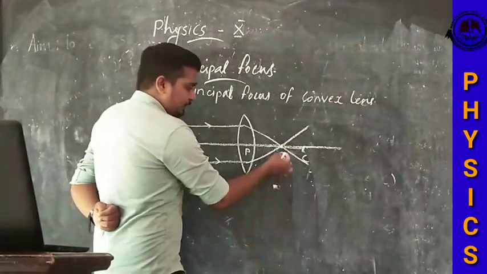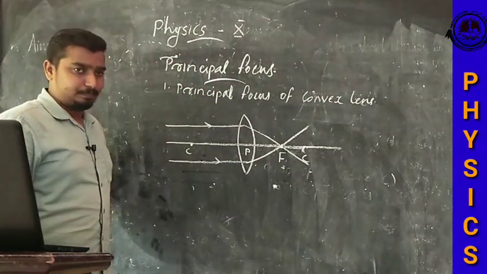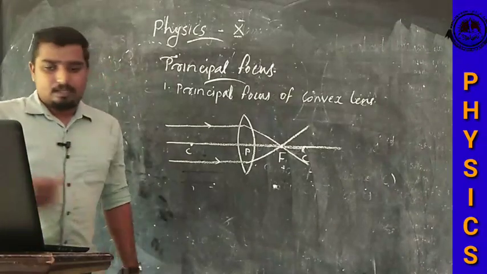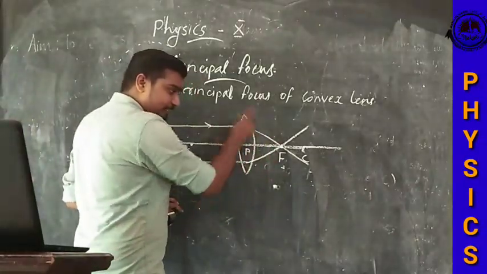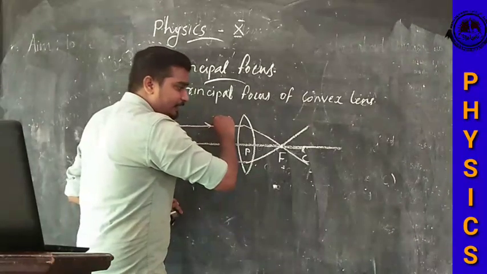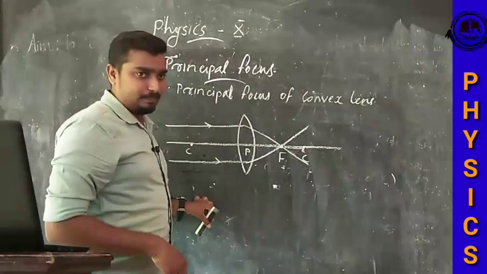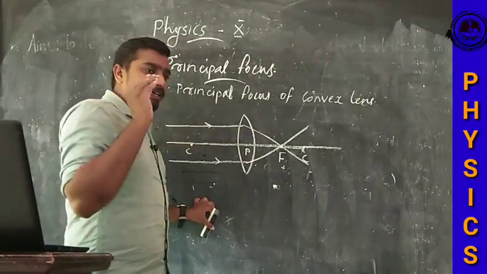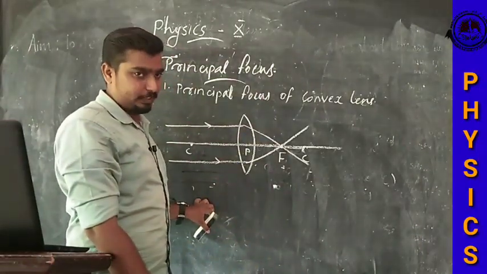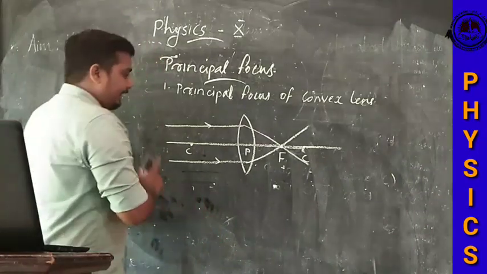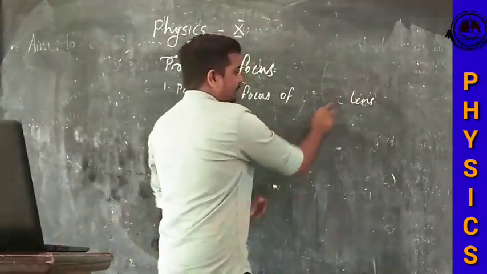This principal focus is represented as capital letter P. Okay, capital letter P. And in the case of a convex lens, these parallel light rays are refracted and converge. Okay, in the case of a convex lens, the light beams are converged. Clear?